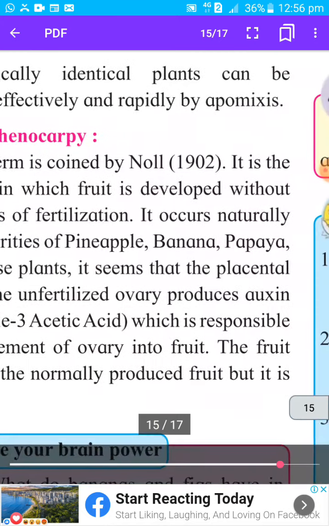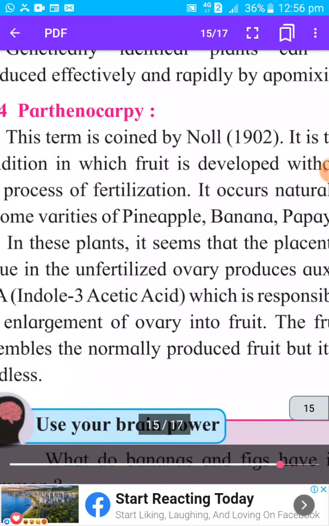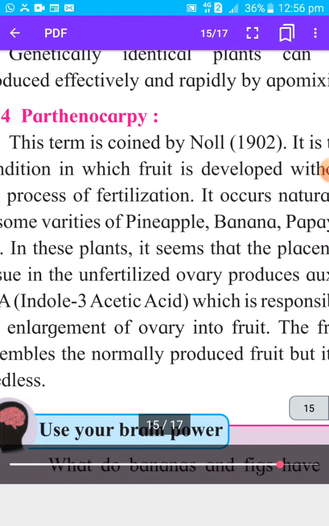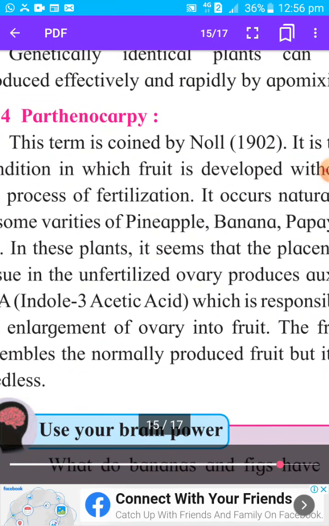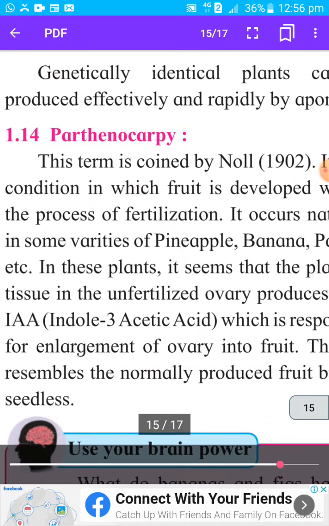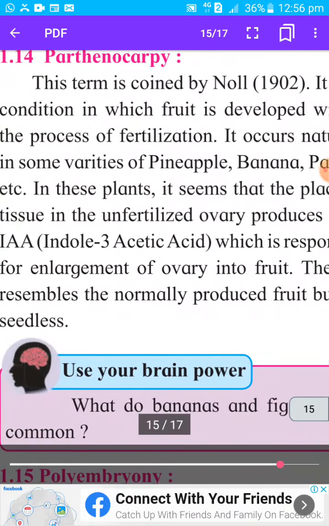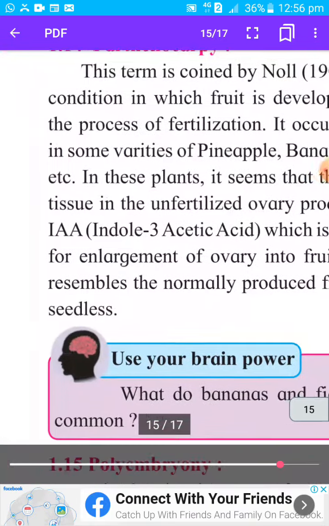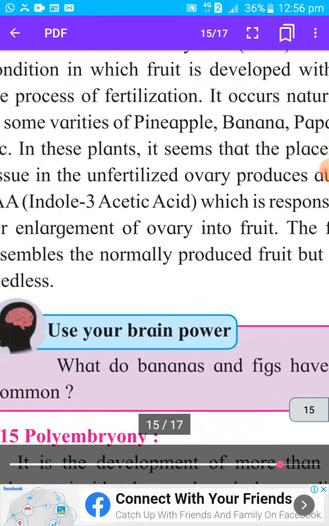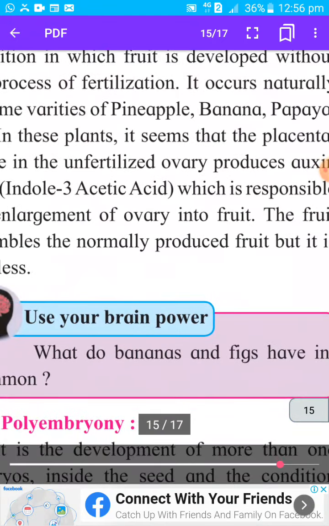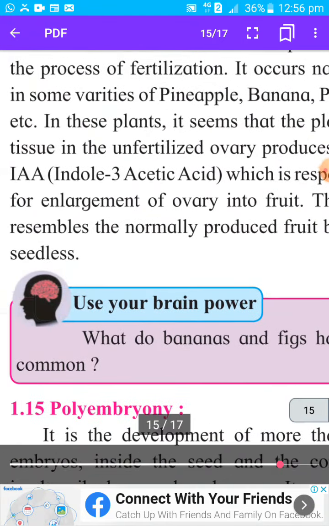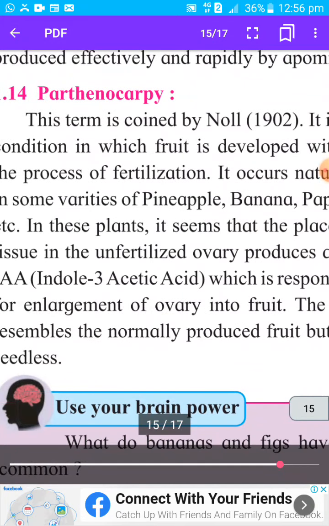Because the process of fertilization does not take place. This term was coined by Noll. It is the condition in which fruit is developed without the process of fertilization. It occurs naturally in some varieties of pineapple, banana, papaya, etc. So the fruits are seedless, means fruits are there without seeds.